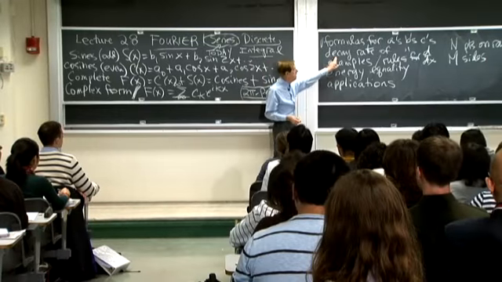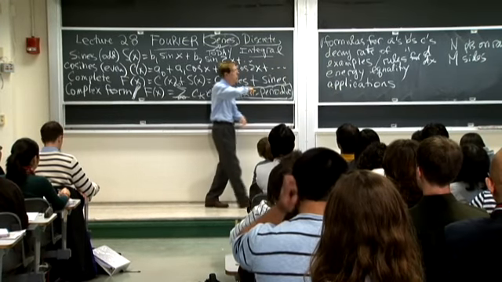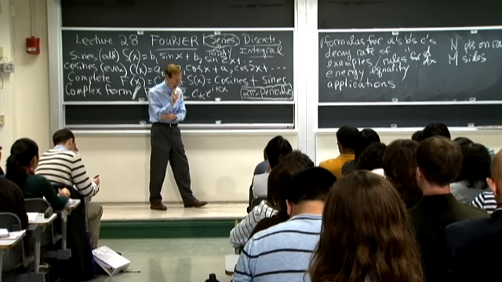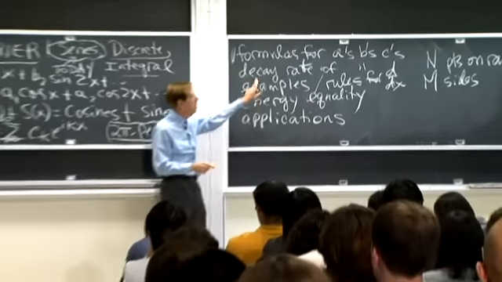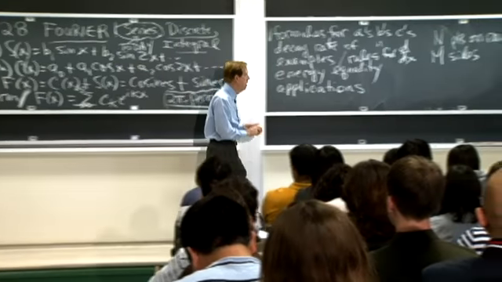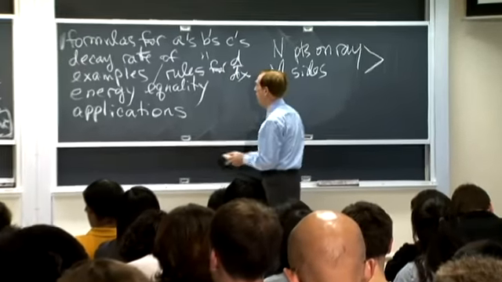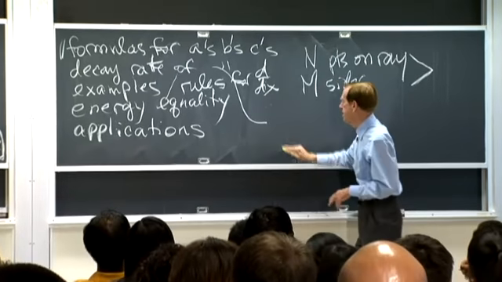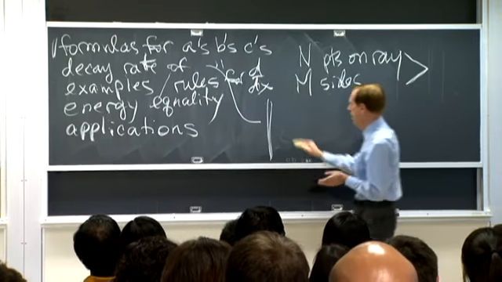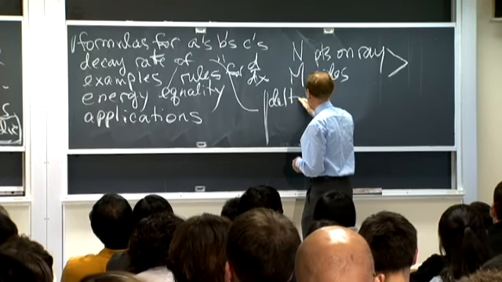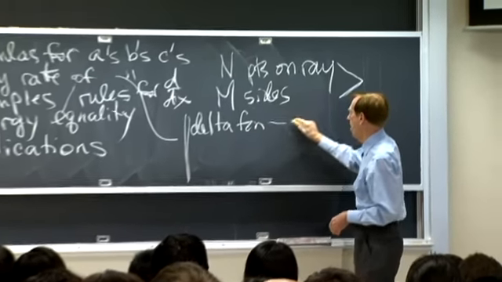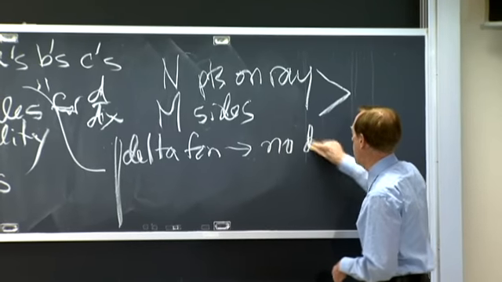So that question comes down to, how quickly do those A's and B's and C's go to 0? That's highly important. And we'll connect this decay rate with the smoothness of the function. Okay, so I just want to emphasize this point. We'll see it over and over, that for a delta function, which is not smooth at all, we'll see no decay at all in the coefficients.